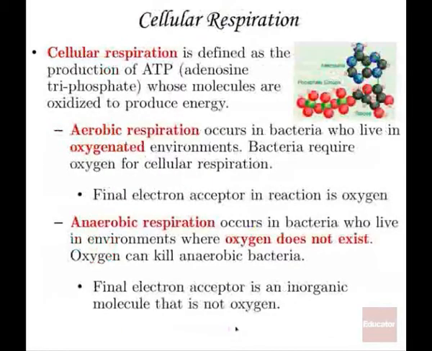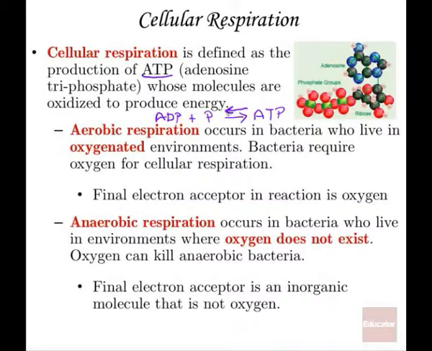The definition of cellular respiration is to produce ATP, which again is the currency molecule of living beings, of life. We go from ADP, we add a phosphate, and then we get ATP. So we start with 2 phosphates, we add on, and now we have 3, and then we can certainly go in the other direction.